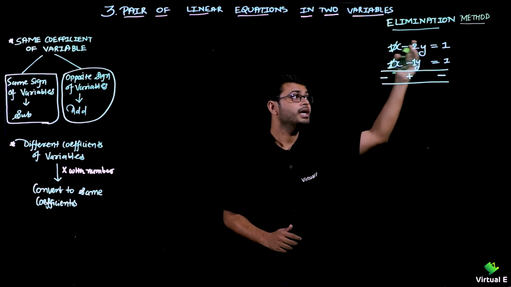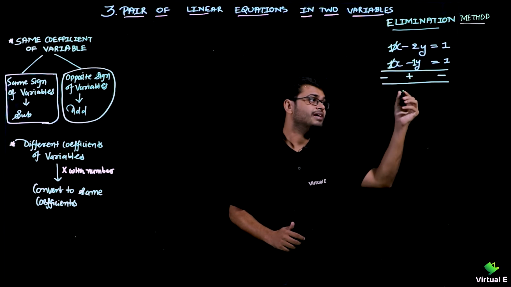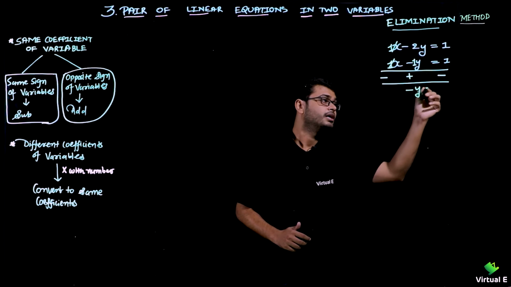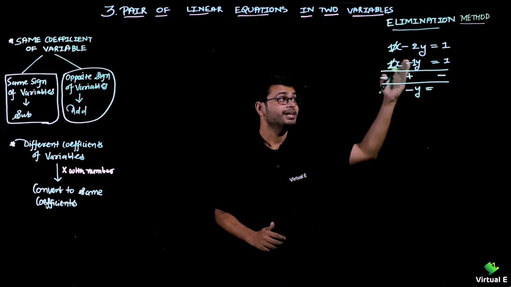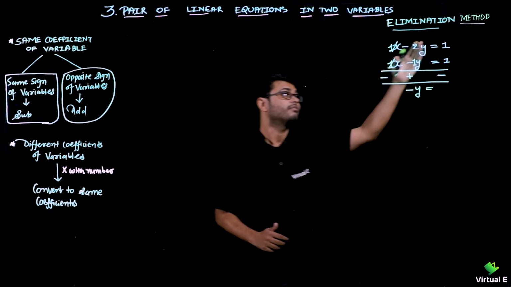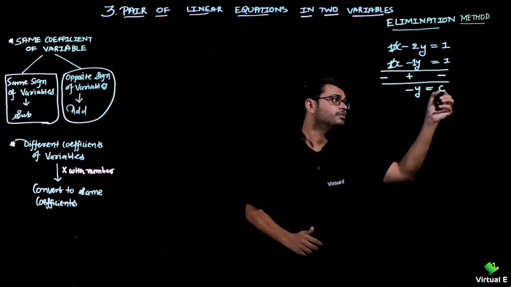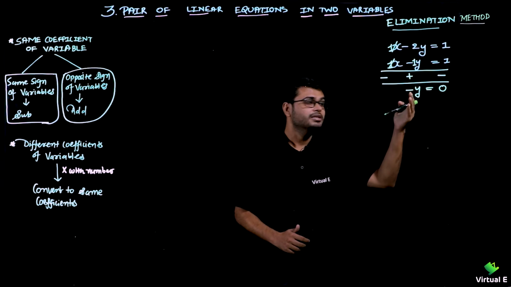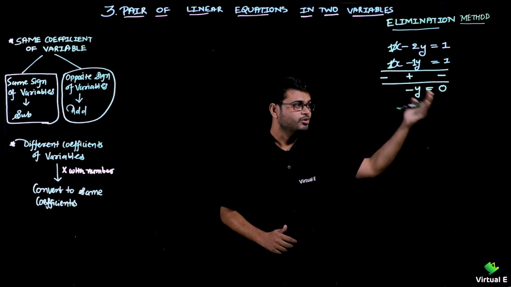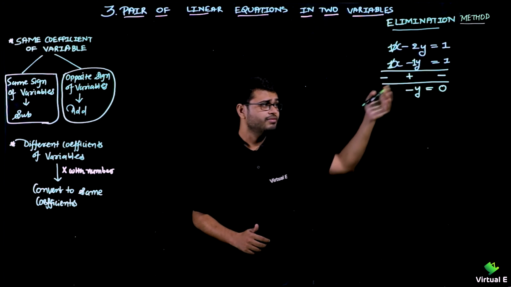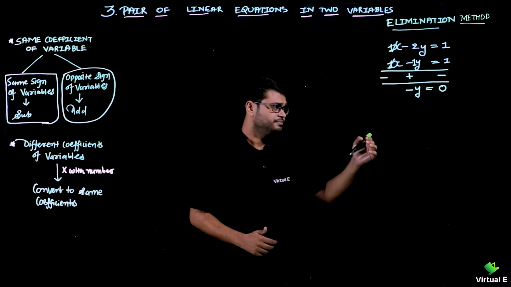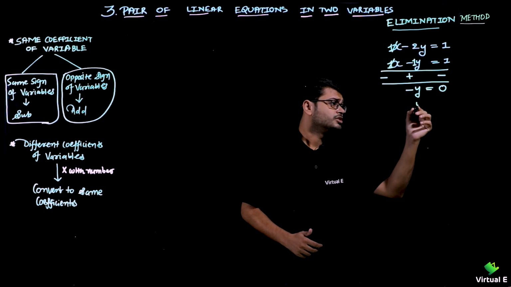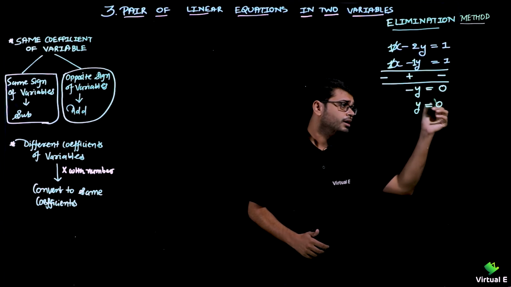So minus 2y and plus y, so what's left? Only minus y. Here 1 minus 1, new sign, like we did in the case of y, will give you 0. Now minus y doesn't make any sense. If you multiply by minus on both sides, this y will become positive, and 0 is neutral, no sign with 0. So I can write y is equal to 0.